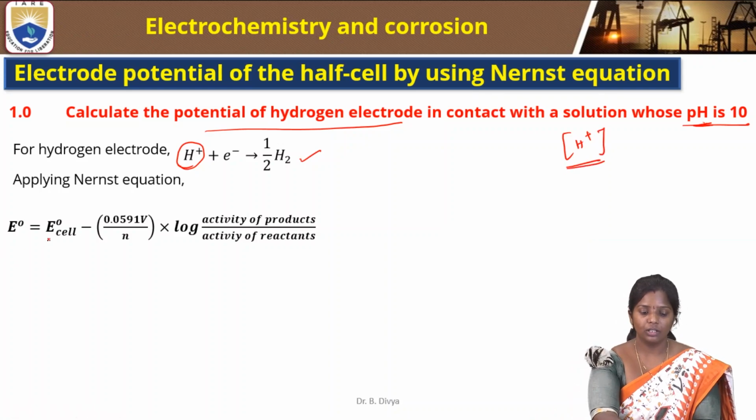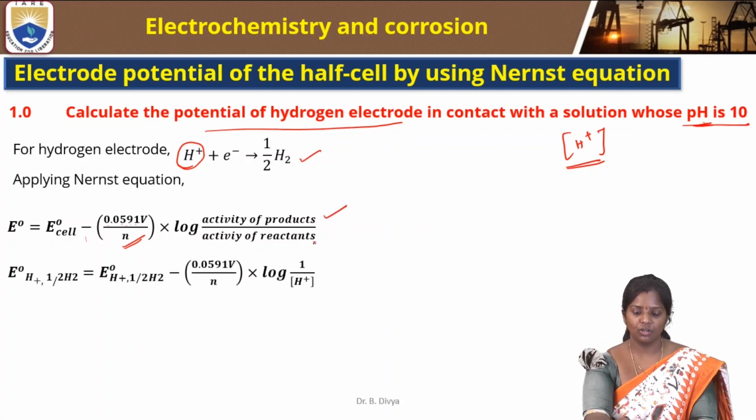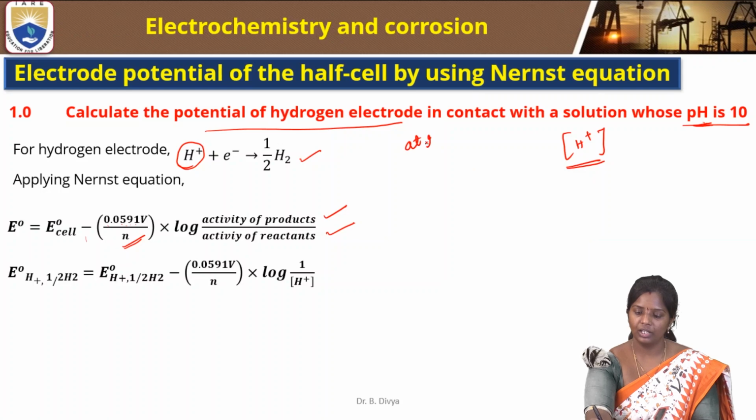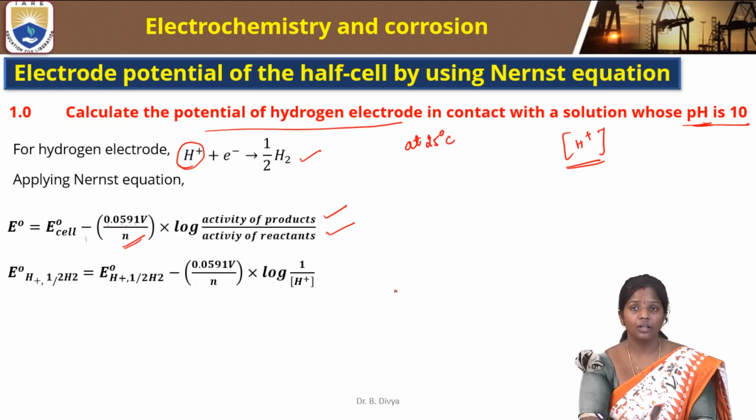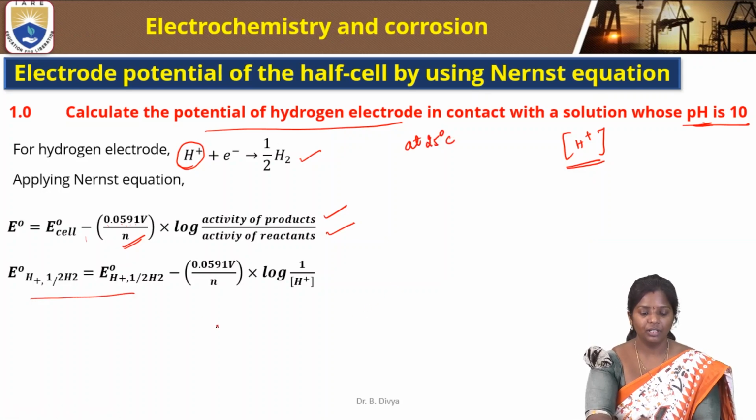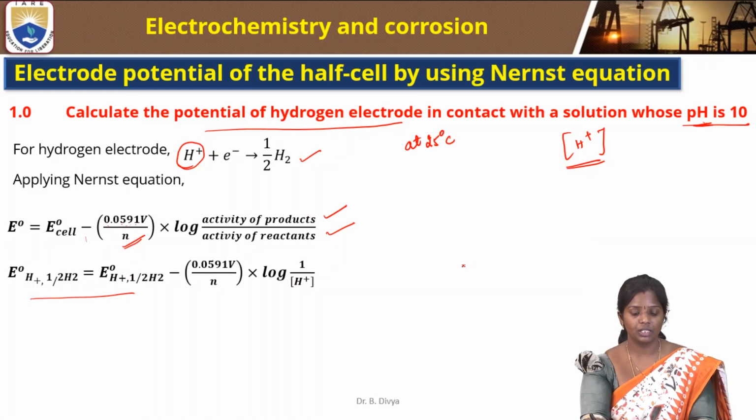So E is equal to E naught cell minus 0.0591 volt by n into log activity of products by activity of reactants. Whenever it is given at 25 degrees, or there is no mention of temperature, it means 25 degrees centigrade. So for 25 degrees centigrade, the equation becomes like this.